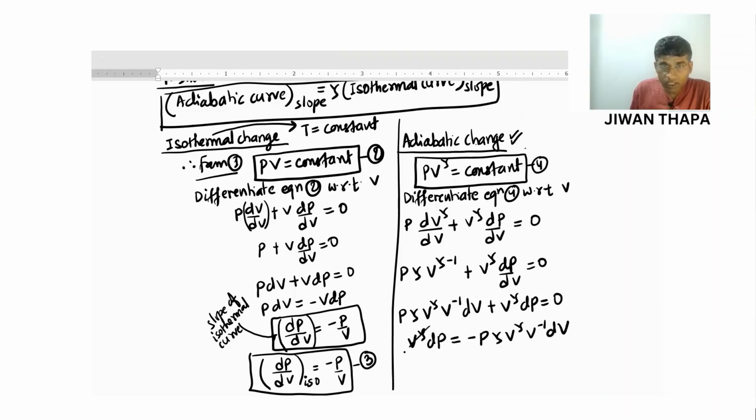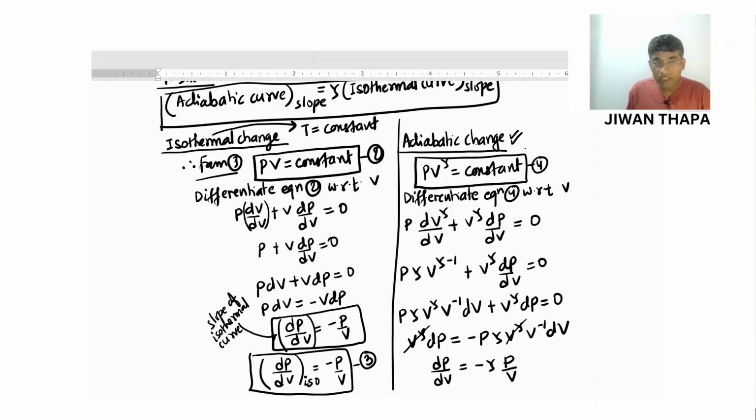And we can see this cancels out. Now what we get after rearranging, we write in this way, dP by dV equals minus gamma P, pressure, and we have V power minus 1, so we can write in this way.